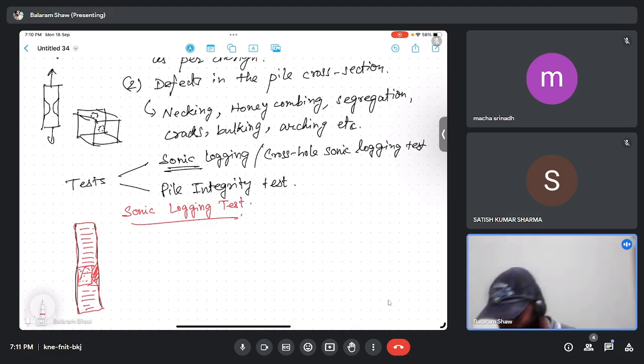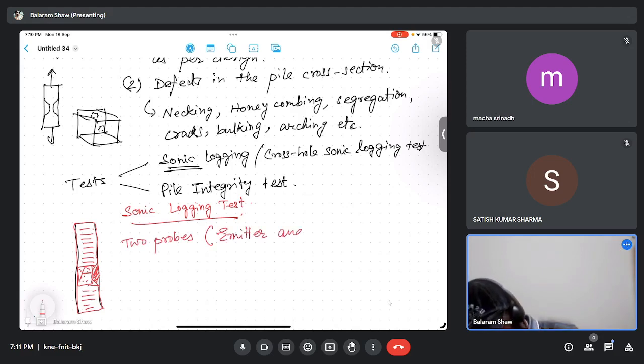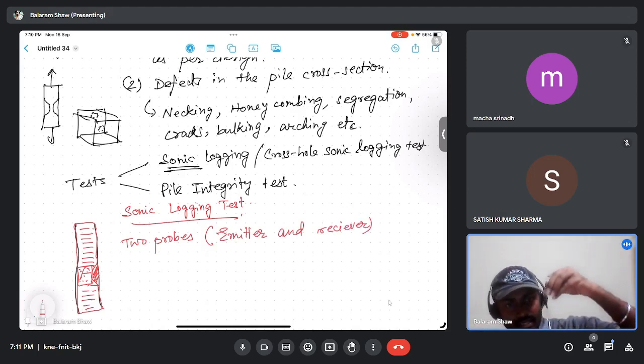So in this also there will be two probes, one will be an emitter, another will be a receiver, and that will be lowered in some kind of hollow space.